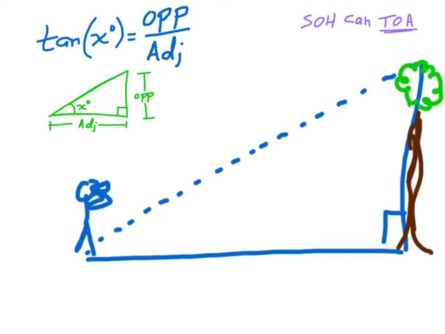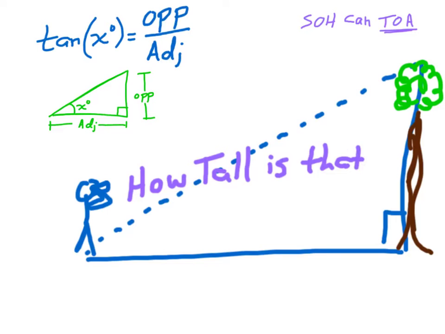Either way, there you are, looking up to the top of the tree, and you're going, huh, how tall is that tree? I don't know, but it sure would be interesting to find out. How tall is that tree?